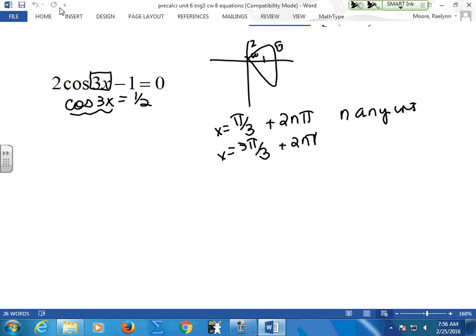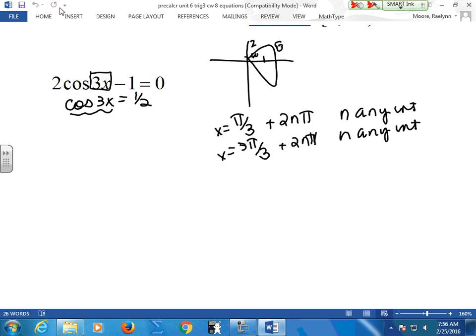Not yet. First we solve it as if it's a regular one. Okay? Now, notice we solved it as if it's 1 unit, x, but it's really 3x. I have a multiple angle.